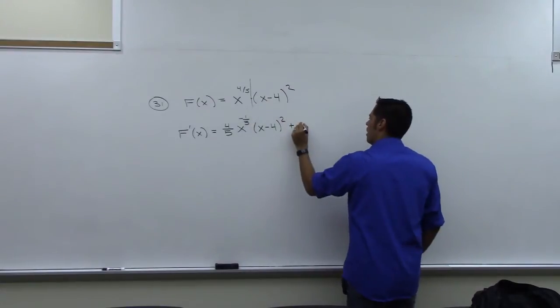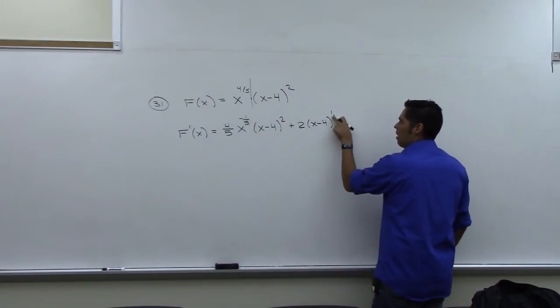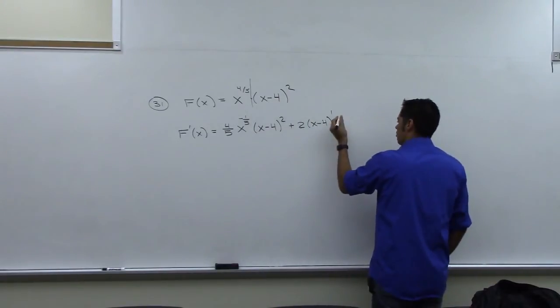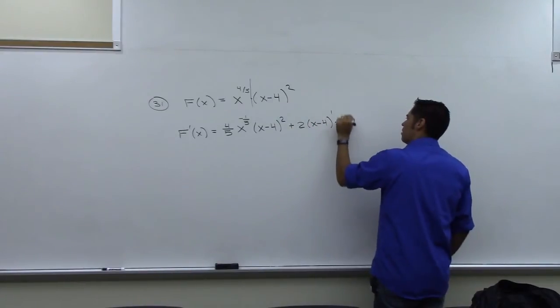So the 2 drops out, x minus 4 to the first power. I don't need to write that, but I am. Then the derivative of the inside, so times just 1, I won't write that, times the first function, that'll finish off the product rule.